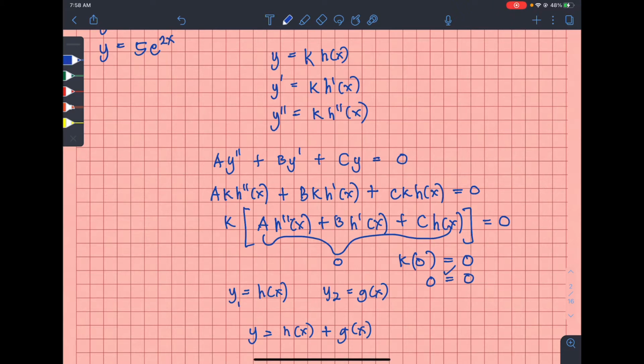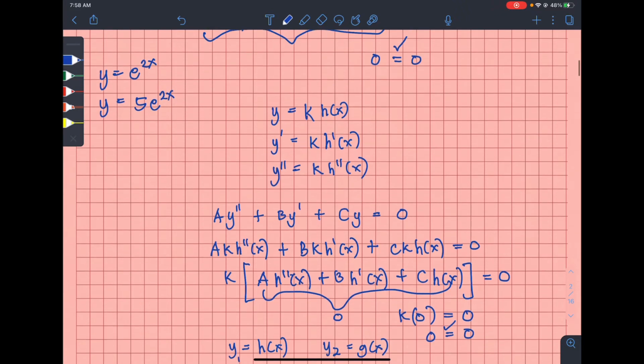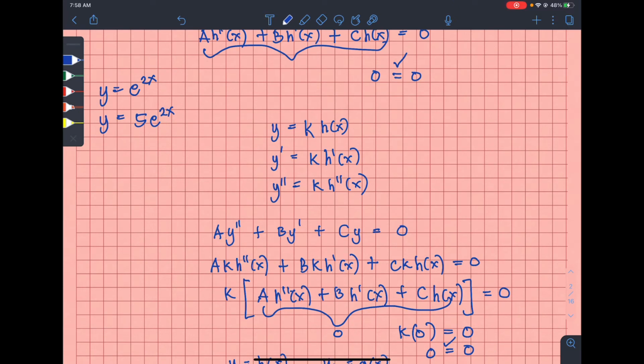Okay, so from this proof, this only proves that if we have e raised to 2x as a solution, and I attach an arbitrary constant to the solution, by multiplying our arbitrary constant to the solution, then that is still a solution of the differential equation.